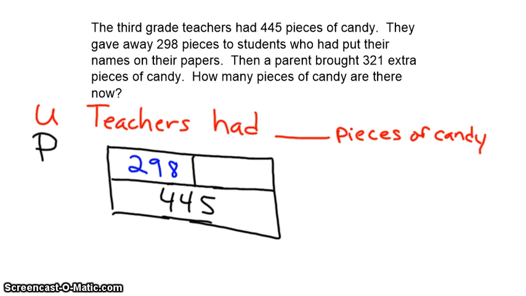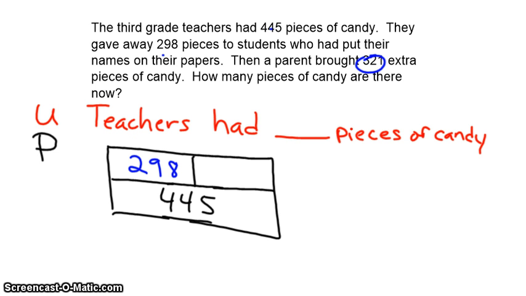Okay? Because we've got this one used and this one used, but we got this. Can we solve this piece yet? No. Can you solve this part? Yes. Is this a one-step or two-step? Two-step.